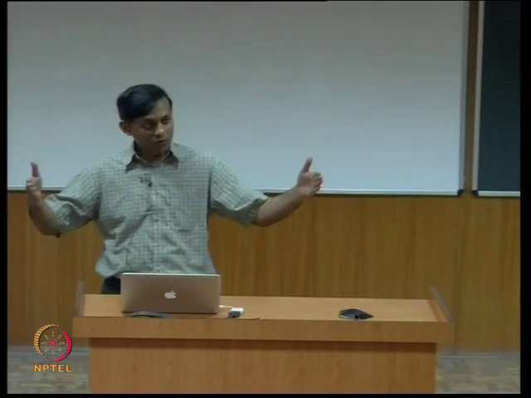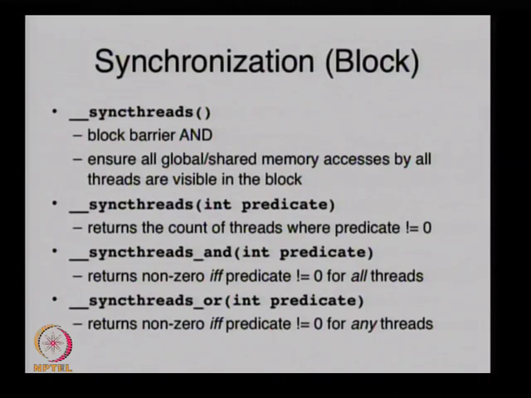So threads within a block can synchronize themselves with each other. And that's the main synchronization method, called sync threads. It's like a barrier. Its group is your current block, and everybody must call sync threads, just like we have seen before. So if somebody is in an if condition which skips the sync threads, then you're in trouble.